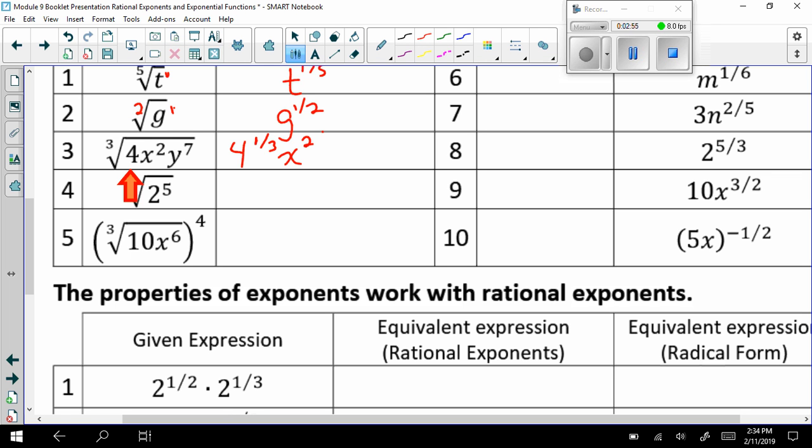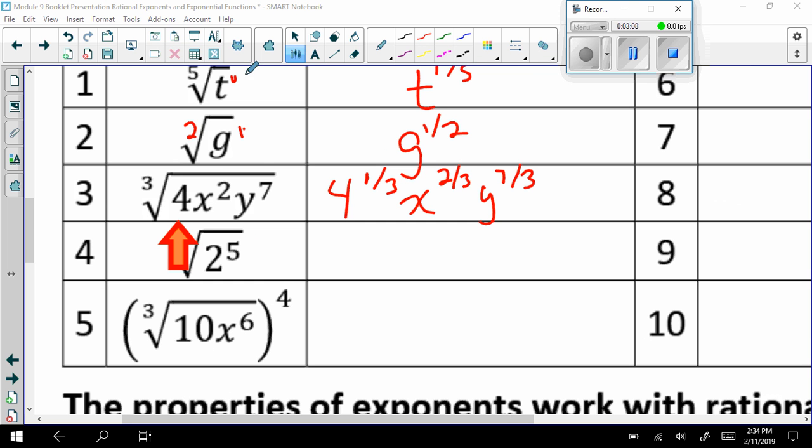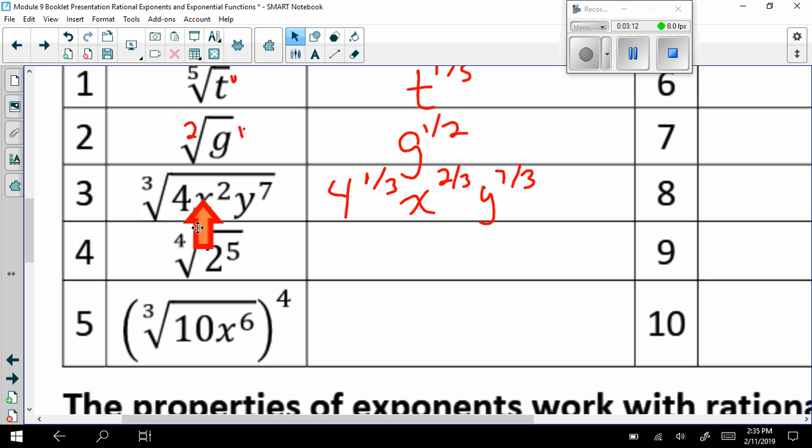It has an exponent of 2 and an index of 3. And then the y. It has an exponent of 7 and an index of 3. So overall, that's 4 to the 1/3, x to the 2/3, and y to the 7/3.